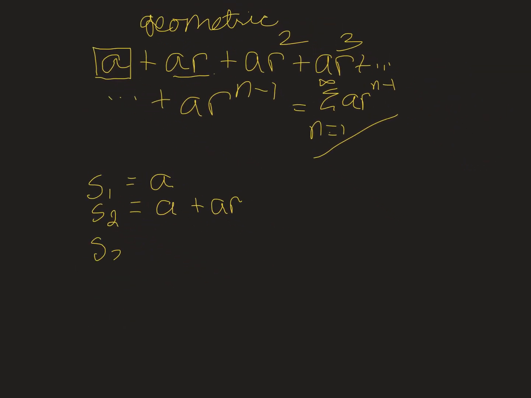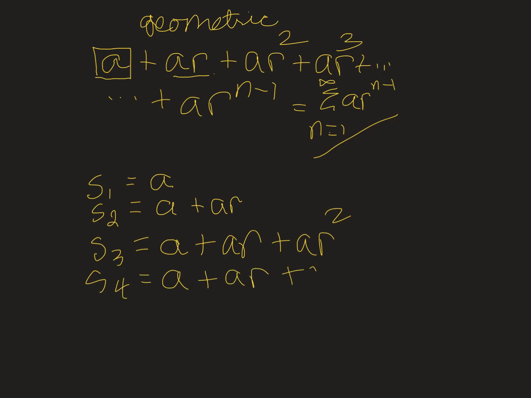S sub 3 is equal to A plus AR plus AR squared. S sub 4 is equal to A plus AR plus AR squared plus AR cubed. Okay? And then what we want to do is make a guess at what S sub n looks like.